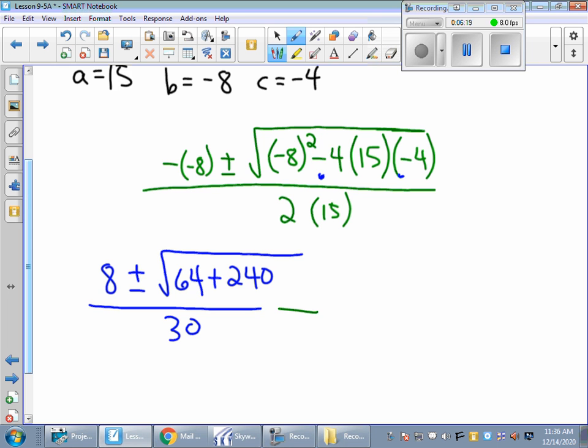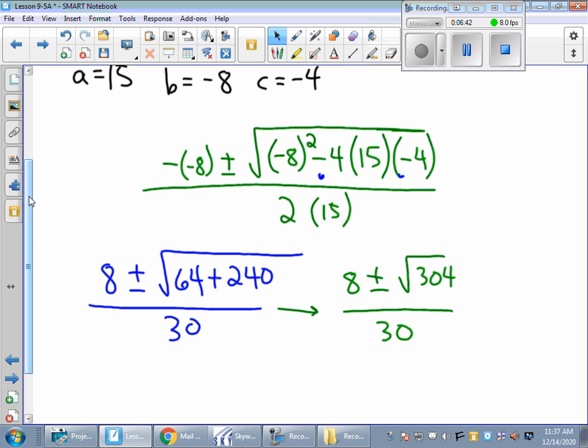So now I'm going to go this way, folks, a little bit easier. 240 plus 64. That gives us 304. So we have 8 plus and minus the square root of 304 all over 30. Now this is where we get into the world of decimals.